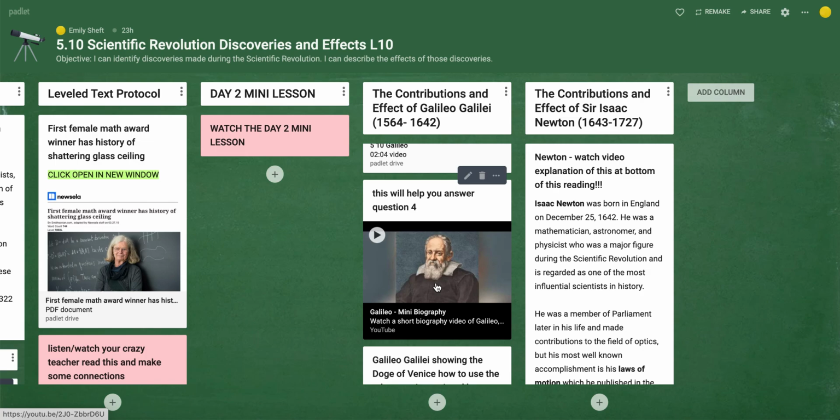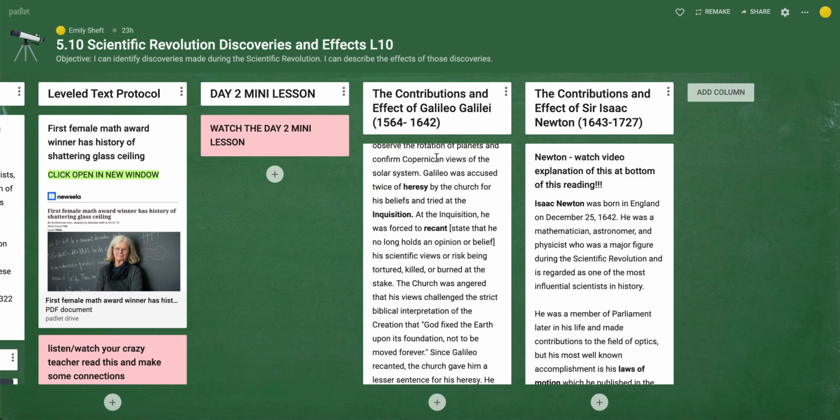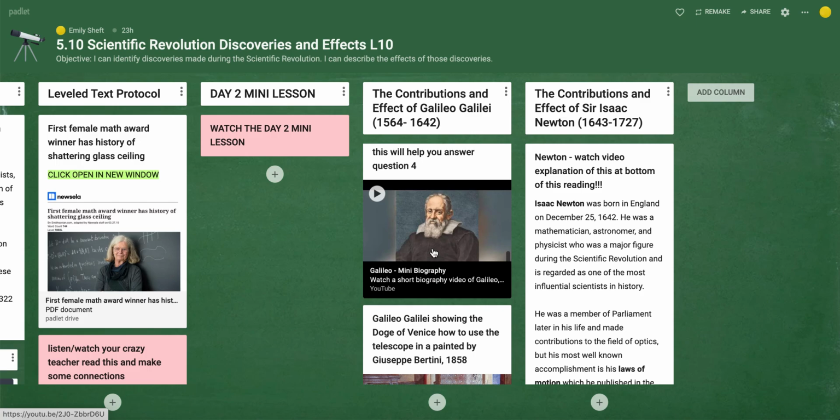The reason that he was able to support Copernicus's theory of a heliocentric solar system, that the sun was at the center of the solar system, is because he made a very strong telescope to look through, and he was able to see how planets' orbits are controlled. And that's how he was able to prove that the sun was at the center of the solar system. Pretty incredible.